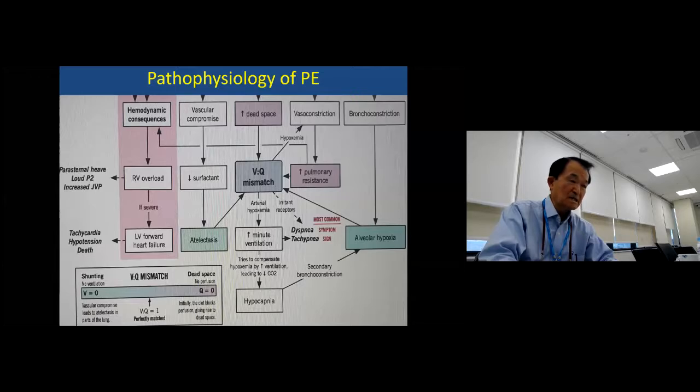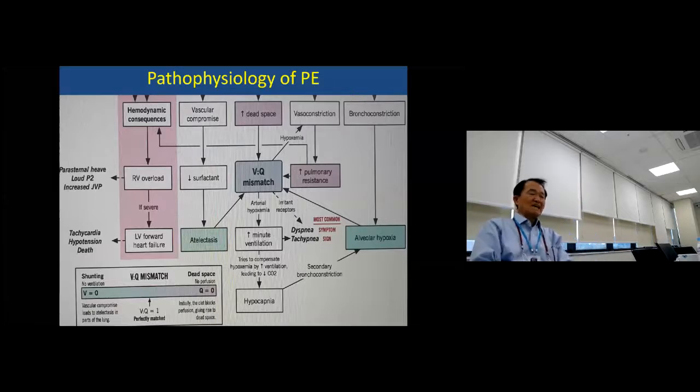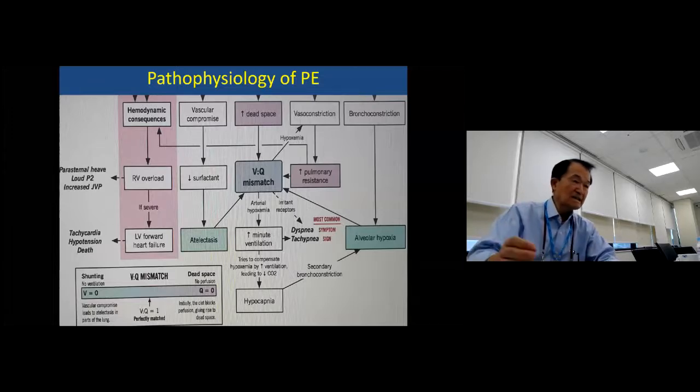But as I mentioned earlier, diagnosing asymptomatic pulmonary emboli remains a clinical challenge. No one knows what's the best way. Because if we use heparin, you create unnecessary long-term morbidity and eventually complications.